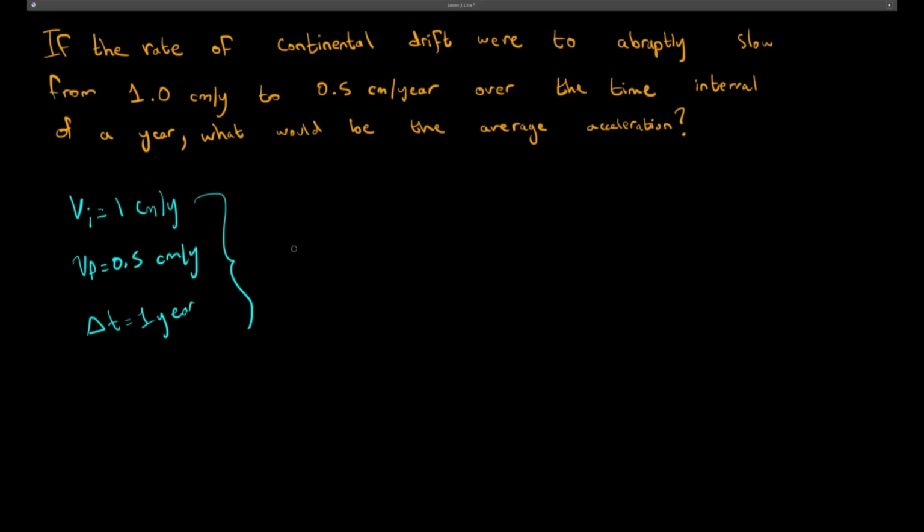Now, we can simply substitute into the formula, acceleration is equal to delta v over delta t. So 0.5 minus, remember it's v final minus v initial, so minus 1, over time.